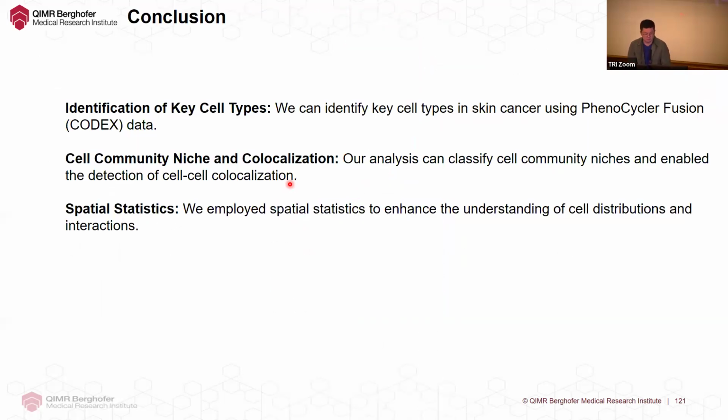So in conclusion, we can identify the key cell types in skin cancer using spatial proteomics data. Our analysis can also classify cell type communities and detect cell colocalizations. And we also use spatial statistics like geometric shape to enhance the understanding of cell distribution and interactions.